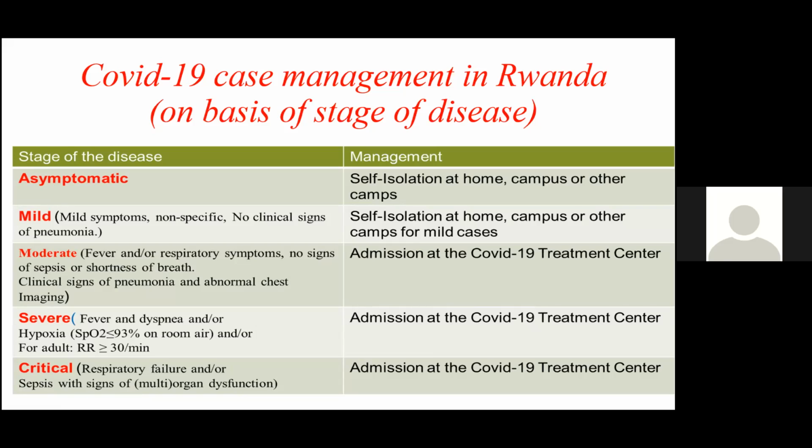But for patients with moderate disease, immediately they are admitted at a treatment center, especially nowadays they are kept at the district hospital. If they keep deteriorating with severe and critical condition, they are referred to the COVID-19 treatment center established by the Ministry of Health.